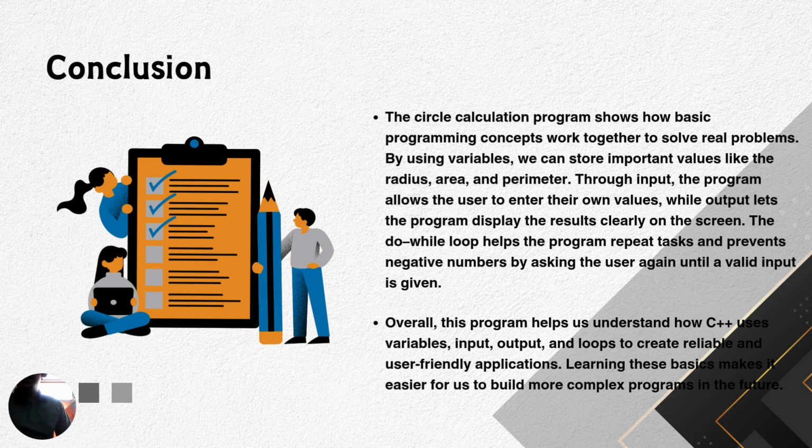After all that, what is the conclusion? The conclusion is very simple. By making this calculation program, it shows us programmers, especially beginners, how to solve a real problem quite easily by using variable input and output and the do while loop. It allows us to turn what would be a hard job into a simple job.